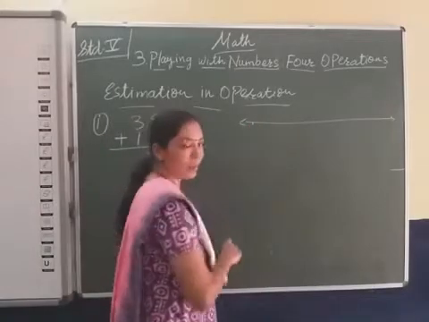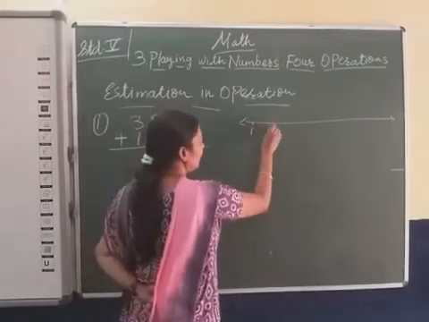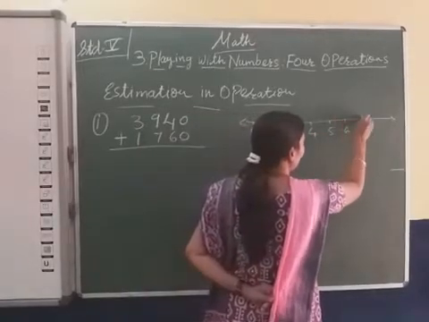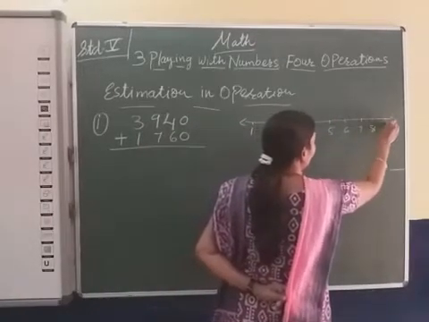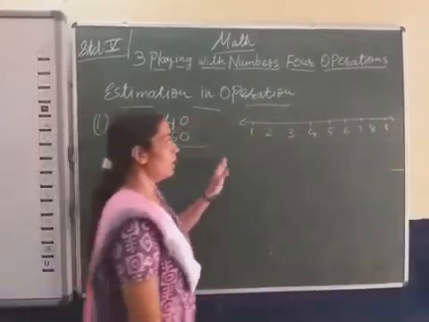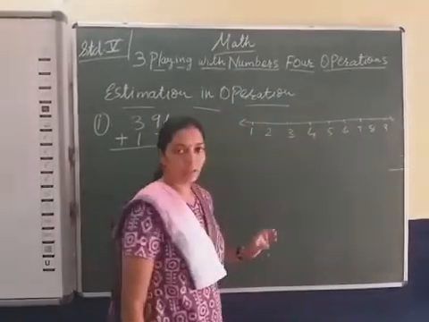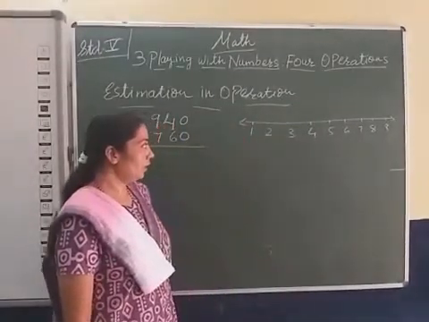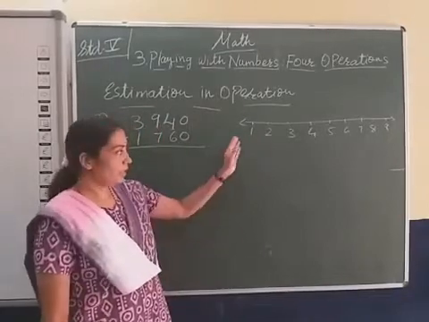Here is the number line: 1, 2, 3, 4, 5, 6, 7, 8, 9. I draw the number line 1 to 9. Why am I writing here 9?